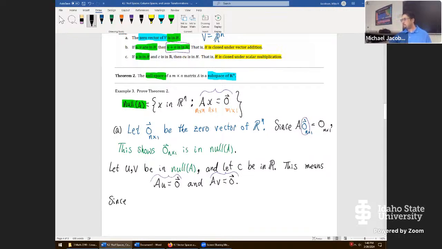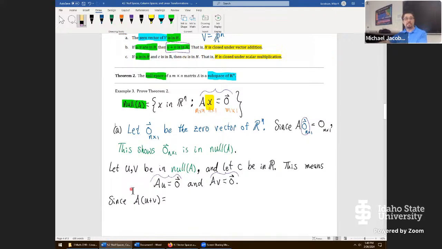Since, well, we don't necessarily want to write down U plus V out in the open and do something on it. Because if we're trying to show that U plus V is inside this set, then U plus V really goes there. That's how we're going to show it's really inside the set to begin with. So let's write, since A times the sum U plus V equals, and then go from there.